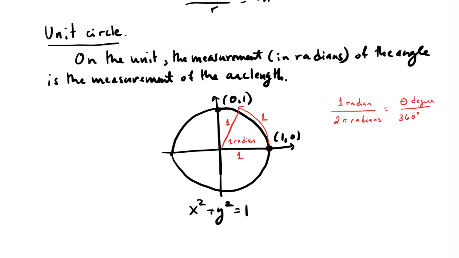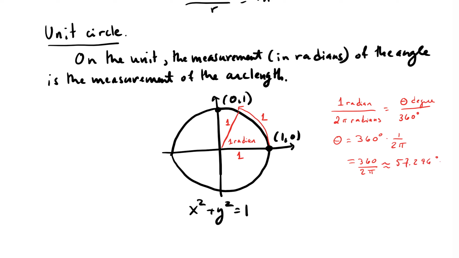So if we solve for theta, we get that theta is 360 degrees times 1 over 2 pi. So it's 360 divided by 2 pi. If you calculate this, it's 57.296 degrees.